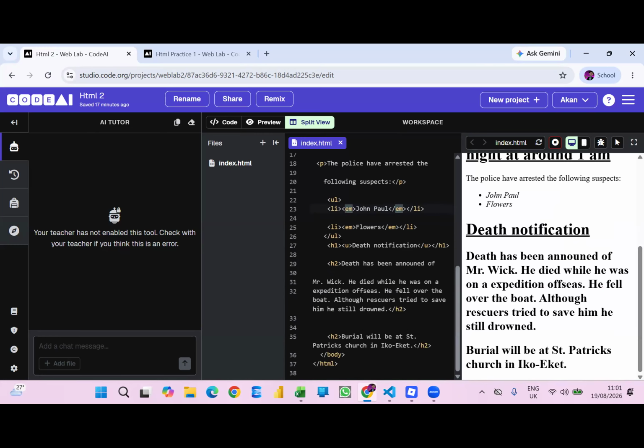Is that all you used? I used H2 to write the notification. I would have used paragraph, but I thought paragraph would be too small. So I put H2. Then I used H1 for my work and underlined this.